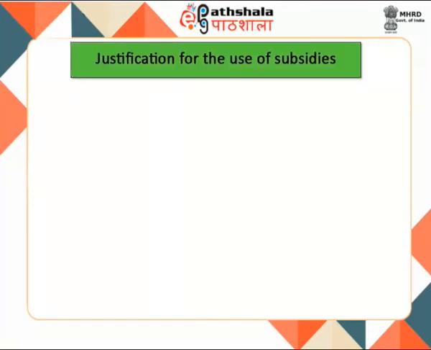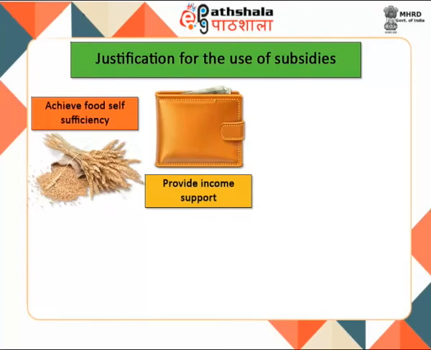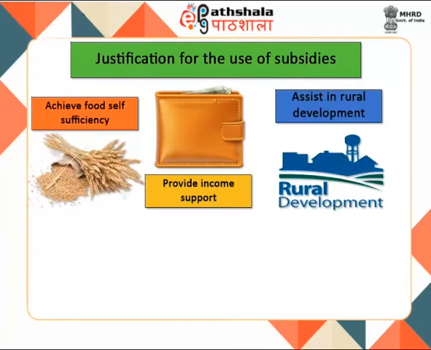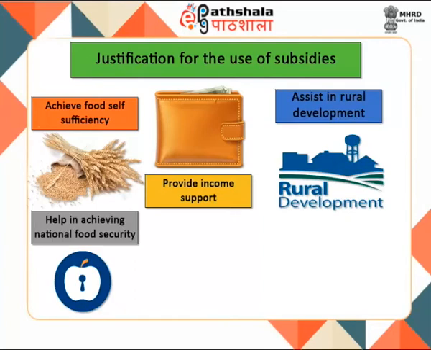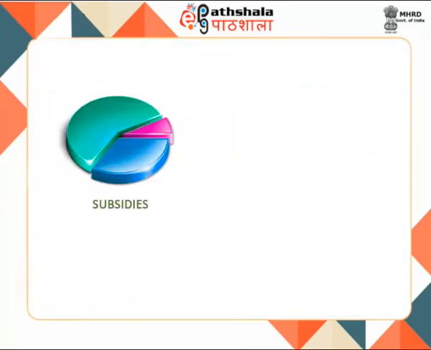The justification for the use of these subsidies in India is to achieve food self sufficiency and provide income support to the farmers and the poor consumers. They assist in rural development and help in achieving national food security. Use of import tariffs generates government revenue. The largest component of the subsidies is the input subsidies aimed at keeping farm costs low.